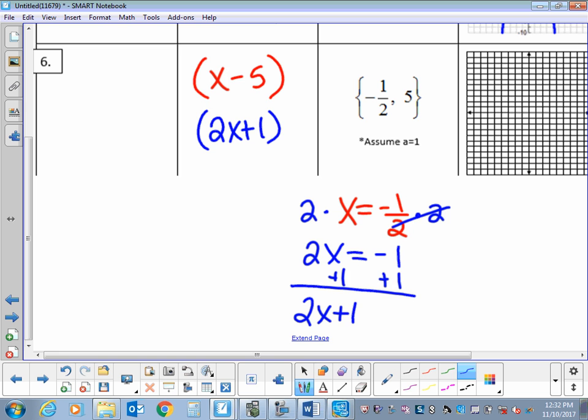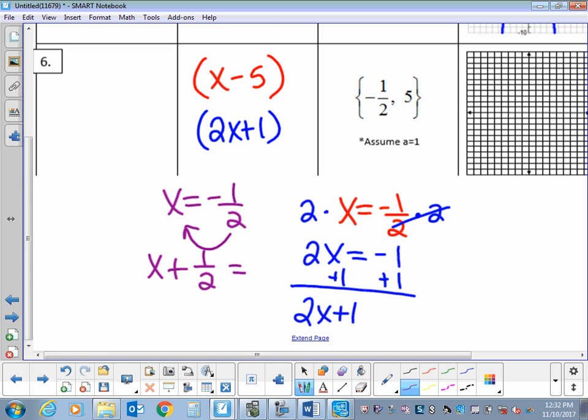A little trick that I use is not really mathematical, but it always works. If we use the same idea of moving everything to the left side, I could move negative 1/2 and it would be x plus 1/2, right?